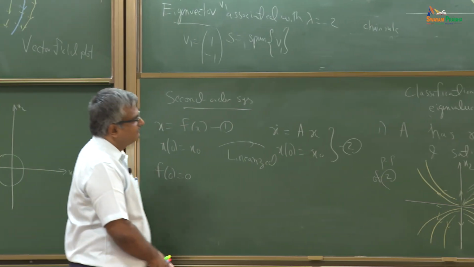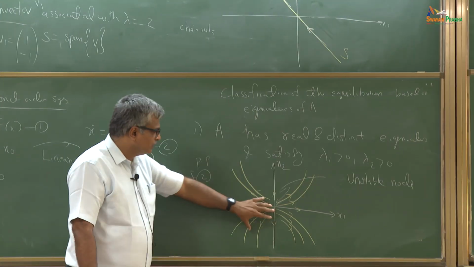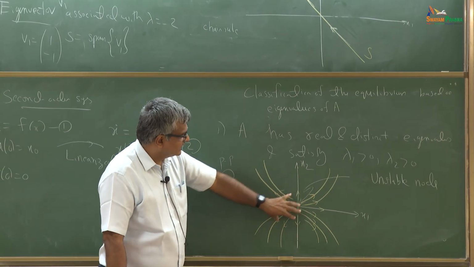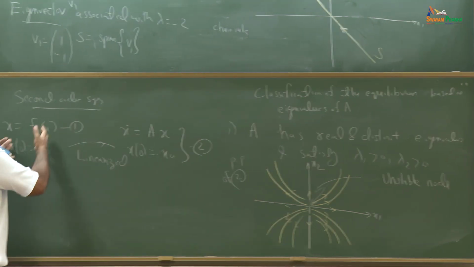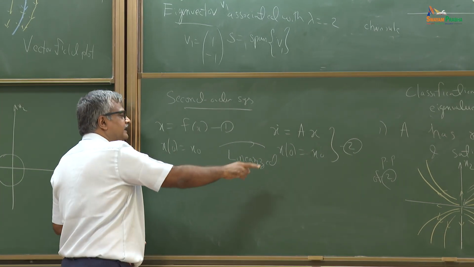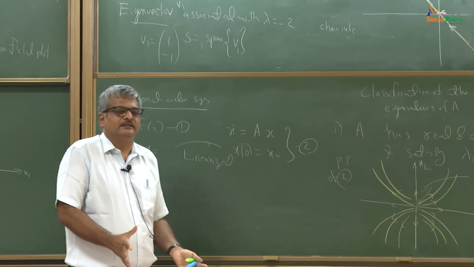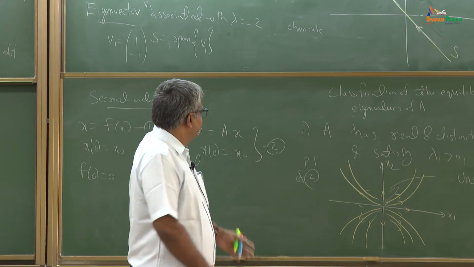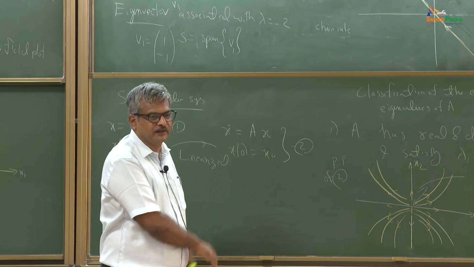But if I can say that if the trajectories look like this, then for the nonlinear system, around that equilibrium point, the trajectories more or less look like that, then this tool will be a useful tool, right?